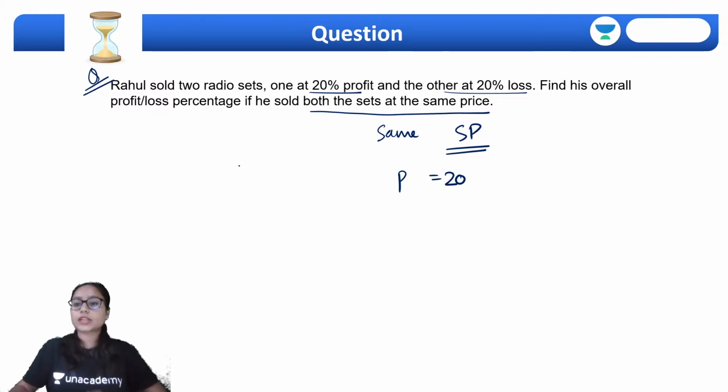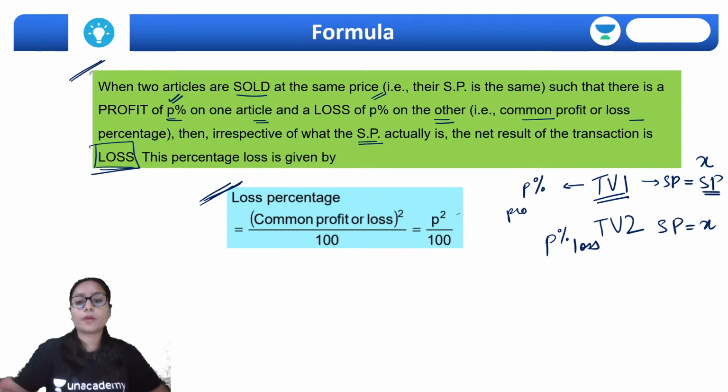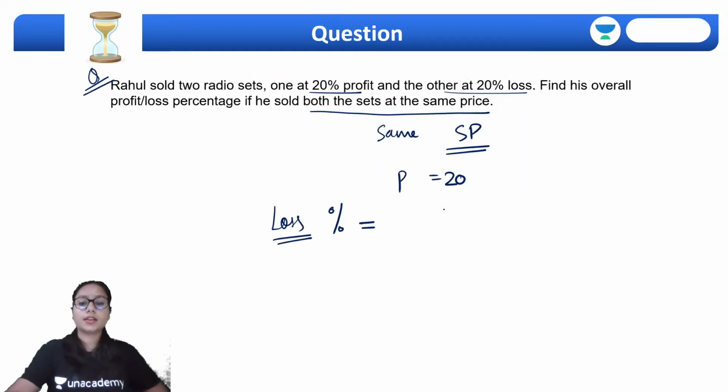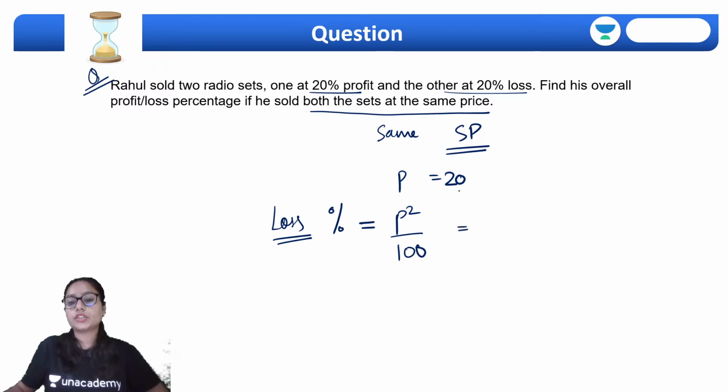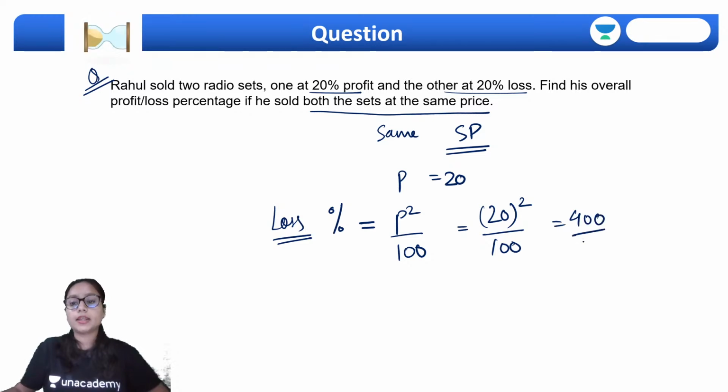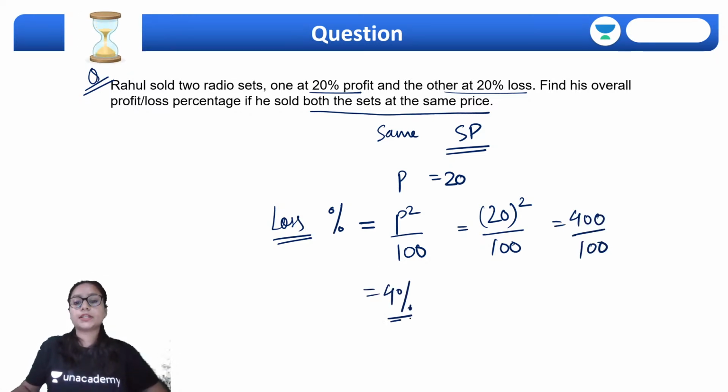So in such cases, we always incur a loss, and you can calculate the loss percent using the formula P square upon 100, which is 20 whole square upon 100, 400 by 100. Therefore, the overall loss percent is equal to 4%.